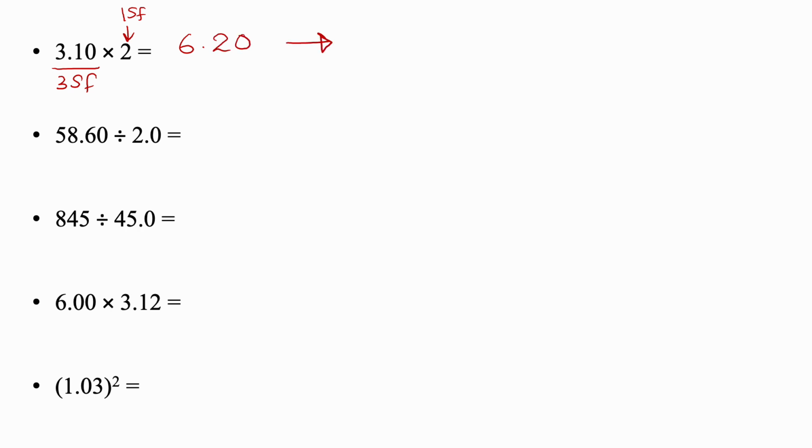With the correct number of significant figures, your answer is 6. 58.60 has 4 significant figures. 2.0 here has 2 significant figures. So the least number is 2 significant figures. When you do the calculation, the calculator gives you 29.3 with 3 significant figures. However, with the correct number of significant figures, your answer should be 29.